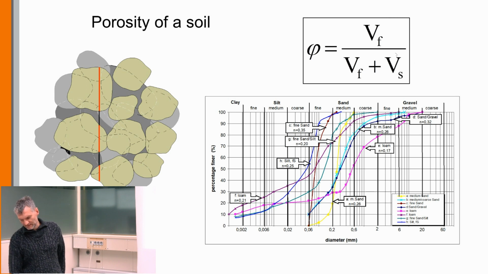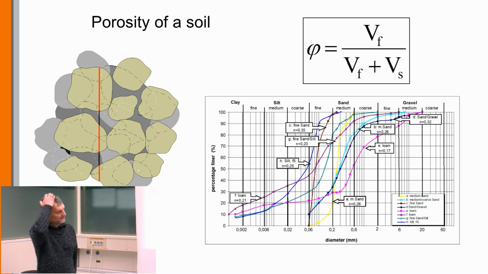This F is fluid, and this S is solid. When we look at a soil, this for example is the whole volume, and here we have some soil volumes defined by the particles, and the pores here are the gray-shaped areas where water can be in the soil.